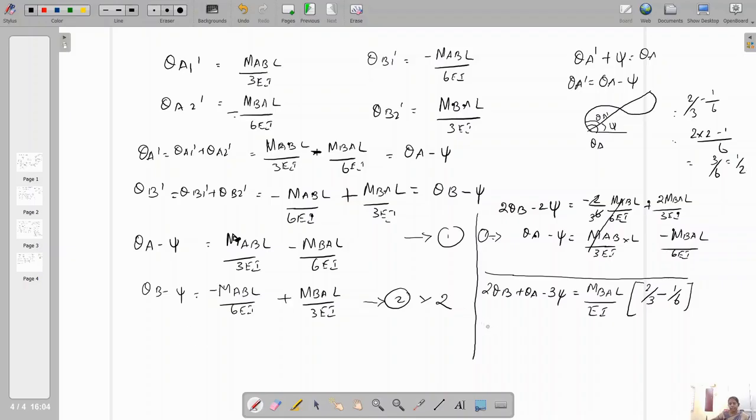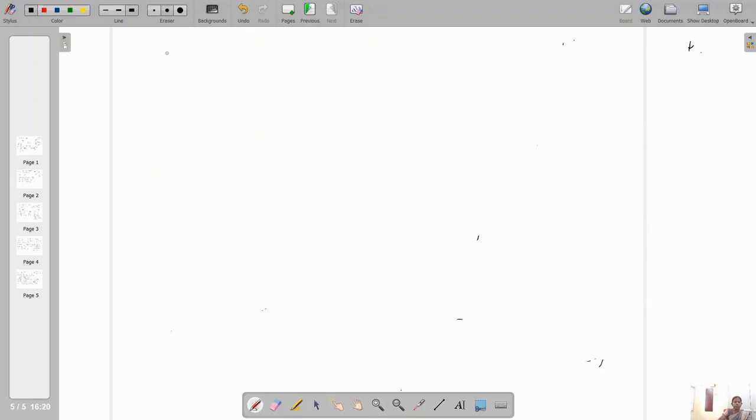So you will get the final equation as 2 theta B plus theta A minus 3 psi equal to 1 by 2EI MBA into L. So this equation is theta A plus 2 theta B minus 3 psi equal to MBA into L by 2EI.